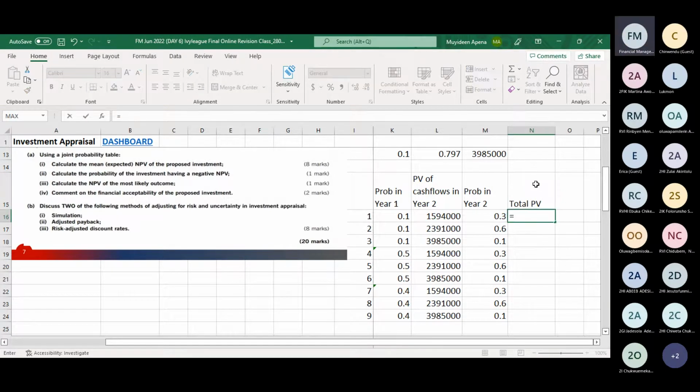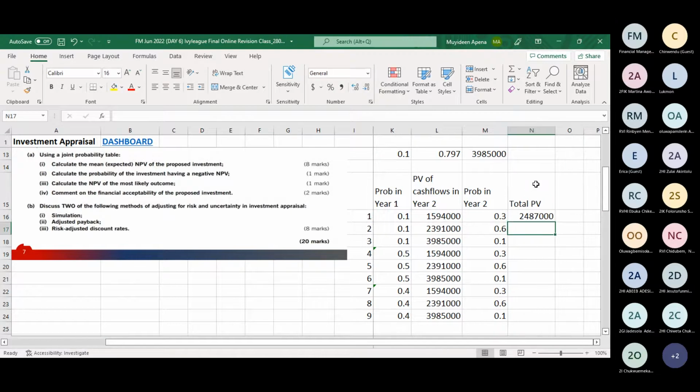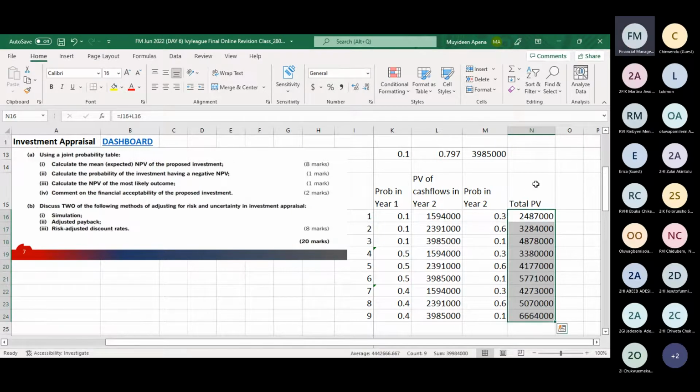The total present value will be equal to the present value in year 1 plus the present value in year 2. And then we'll do the same for all the other ones. Are we following? Yes, sir.